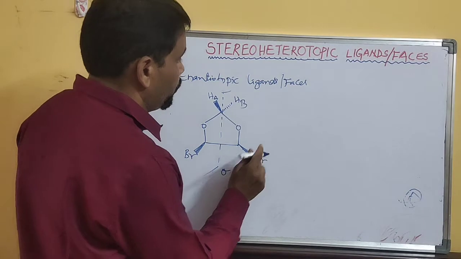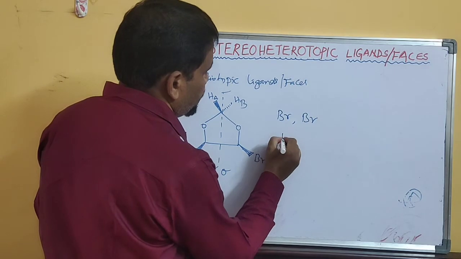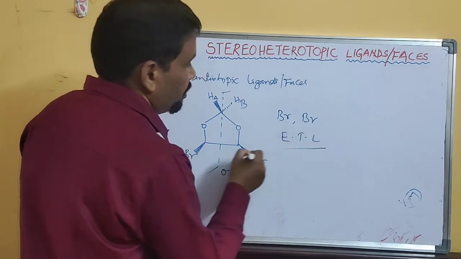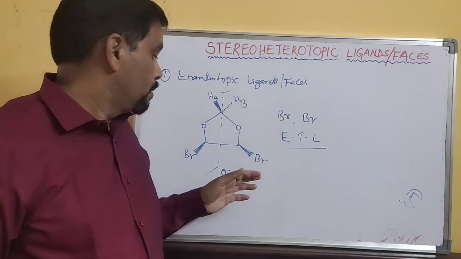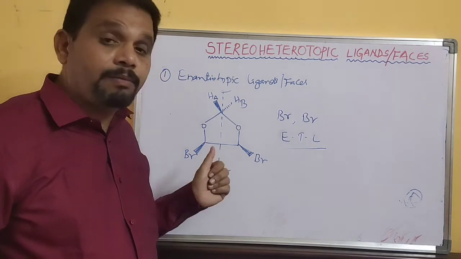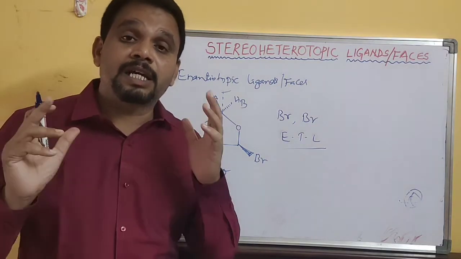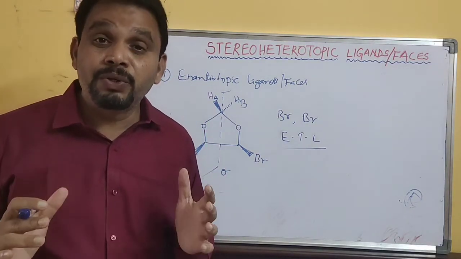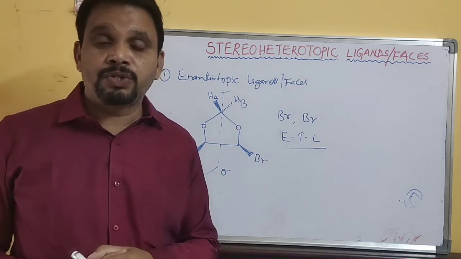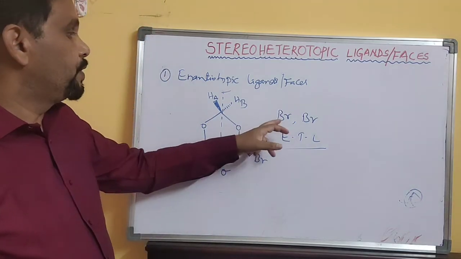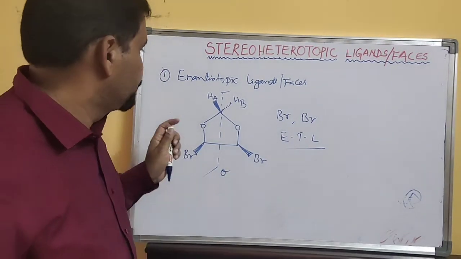Therefore, these two bromines can be considered as enantiotopic ligands because of the plane of symmetry. With the help of the plane of symmetry, these two bromines are exchangeable, interconvertible, and they can produce enantiomers or diastereomers when substitution takes place.